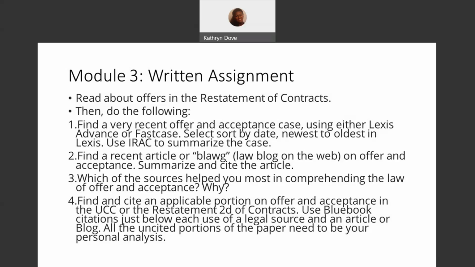Fourth, find and cite a portion of the UCC or the restatement that discusses offer and acceptance. Use Blue Book citations just below each of the sources in the article or blog. All the uncited portions of the paper need to be your own personal words and analysis.